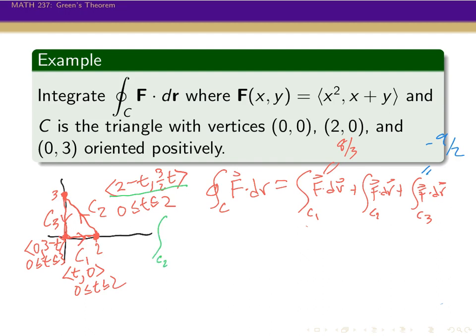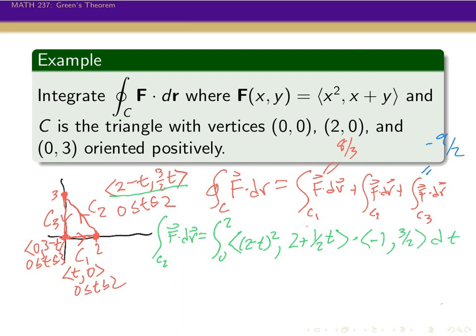So doing the integral over C2 of F dot dr, our bounds are from 0 to 2. So x squared is going to be 2 minus t, quantity squared. And then x plus y is going to be 2 minus t plus 3 halves t. And so that's going to be 2 plus 1 half t. And then r prime is minus 1, 3 halves dt.